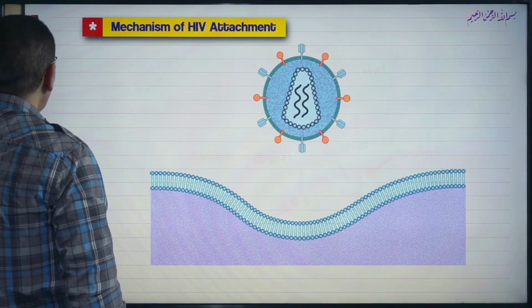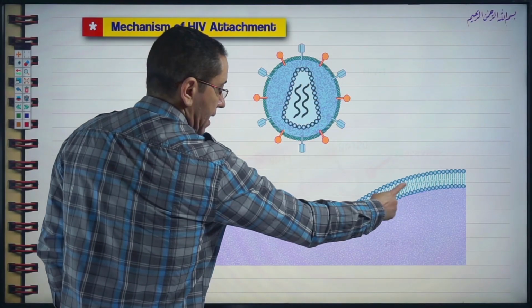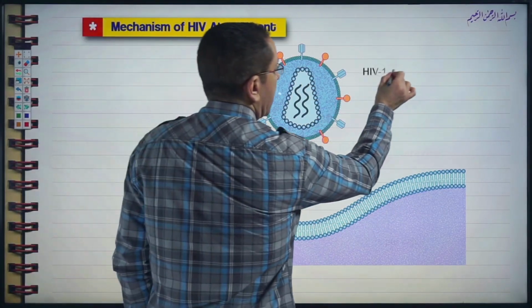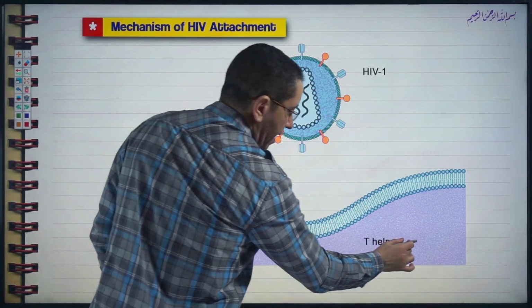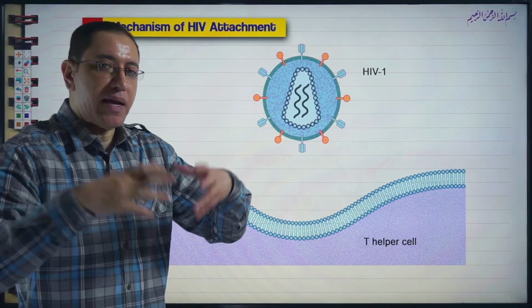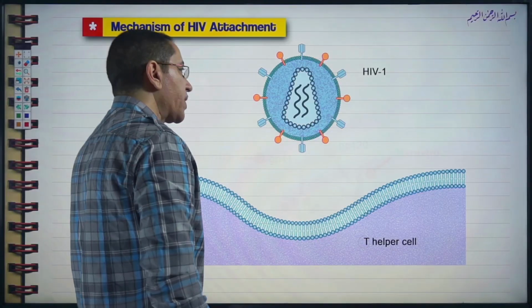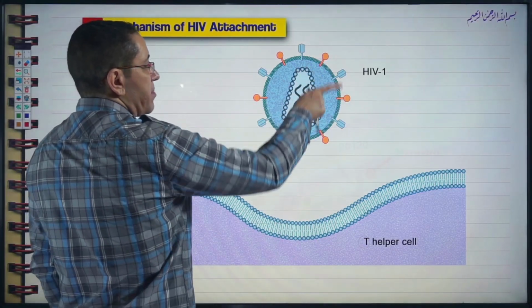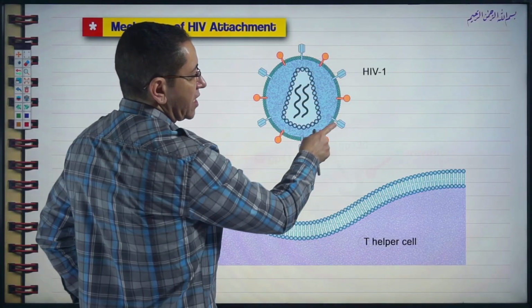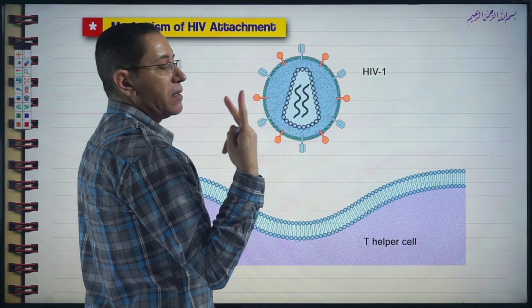What you see is the virus, the HIV, and this is the T helper cell, which is the most valuable one among all the different cells of immunity that we have. This T lymphocyte is the type called CD4 or T helper cell. When you study the structure of the HIV virus, you can find that the glycoprotein spikes used for its attachment are of two types.